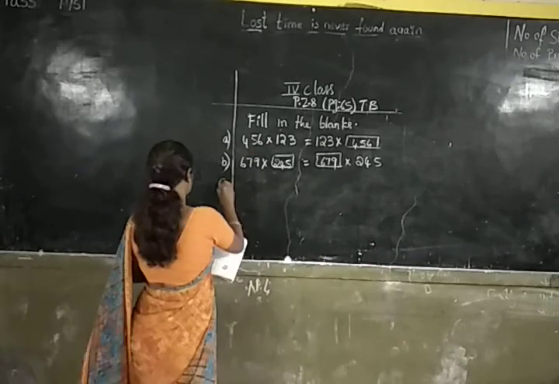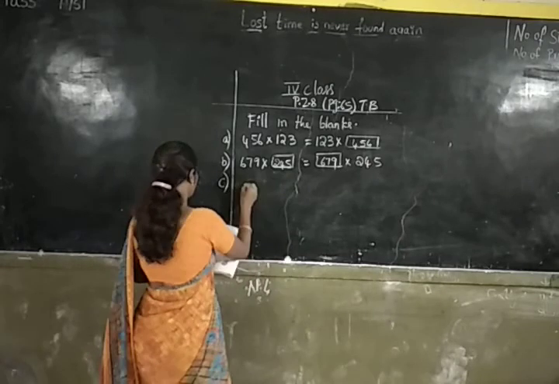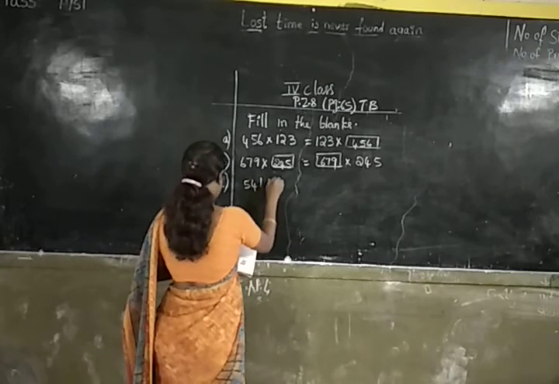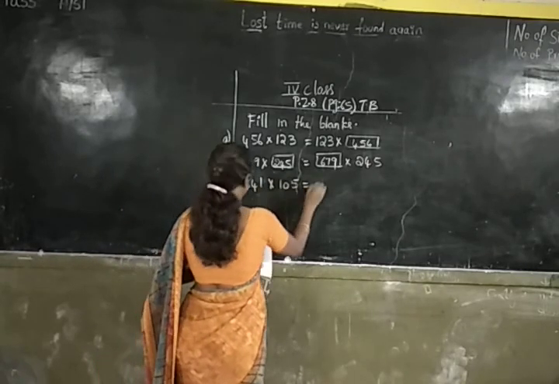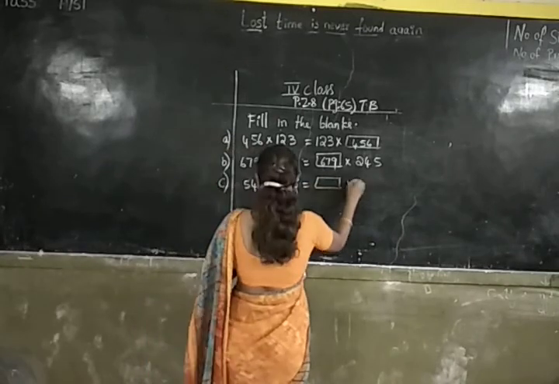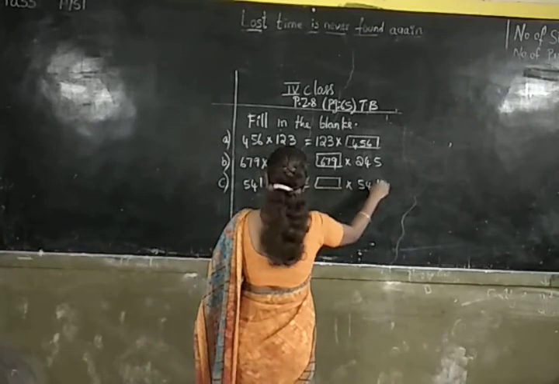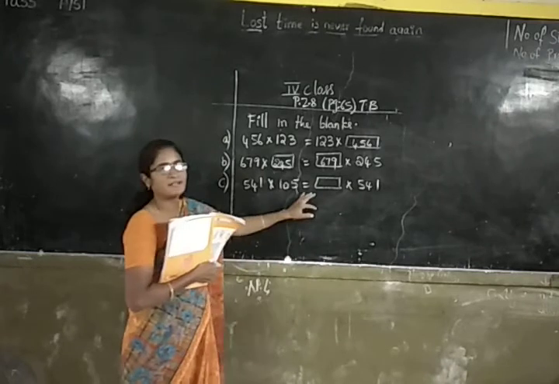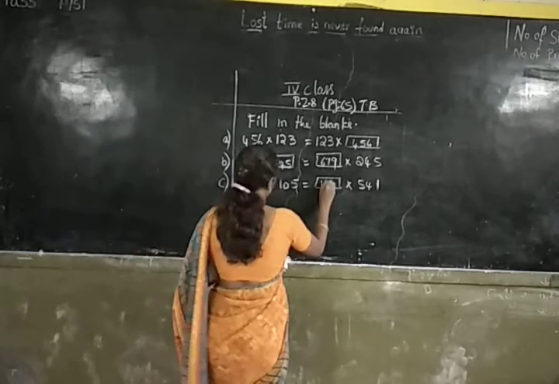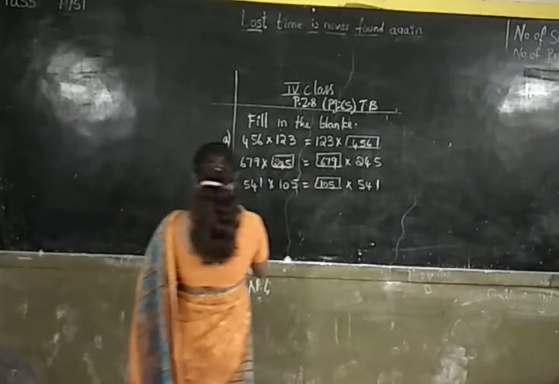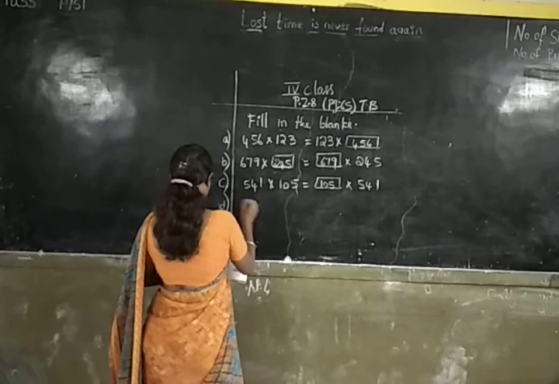Now let us move to the C sum. 541 into 105 is equal to box into 541. Here we have to write 105 according to the commutative property. Now let us move to the D sum.